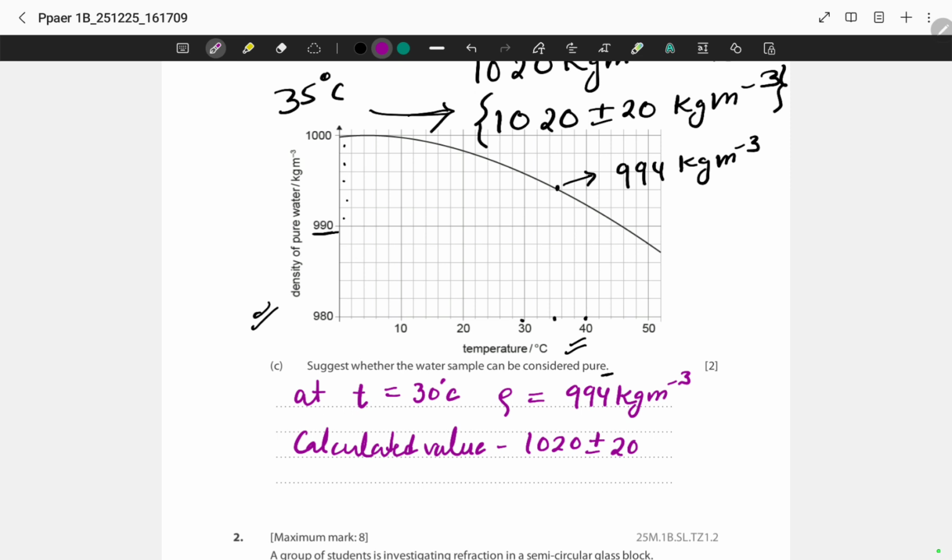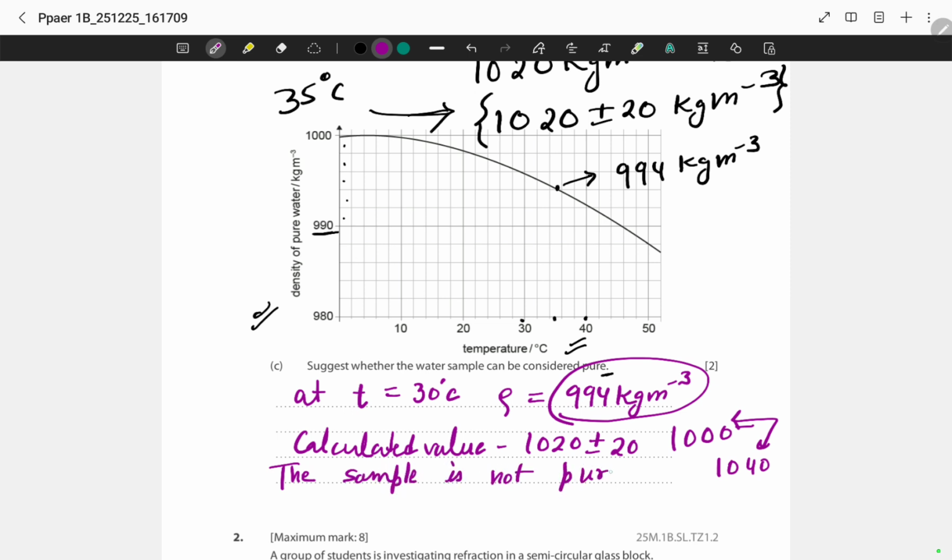That means the correct value of density lies somewhere between 1000 and 1040, and this value doesn't lie between these two. It is smaller than 1000. Hence we can say that the sample is not pure.